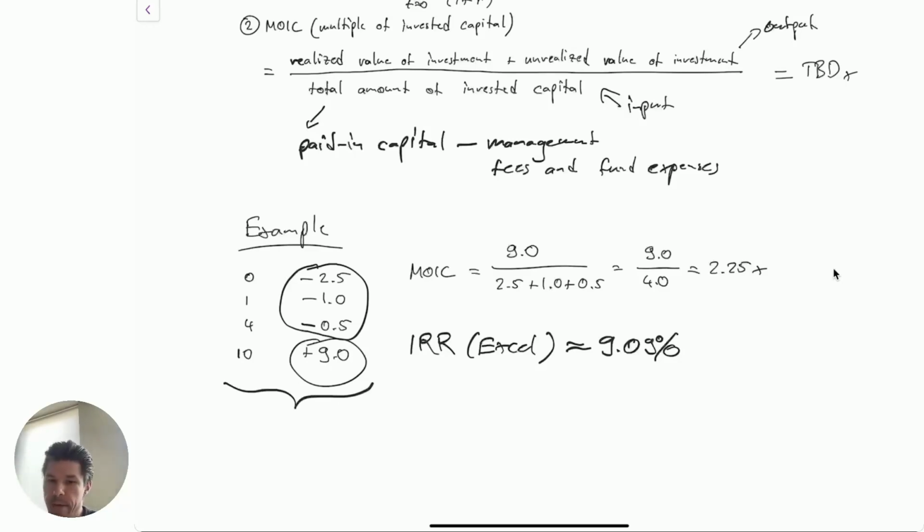It's not subjective, has nothing to do with investor preference. IRR looks at the cash flow pattern very neutrally, looks at in which year do you have cash inflows, in which years do you have cash outflows, and based on the cash flow pattern, it gives you a return.